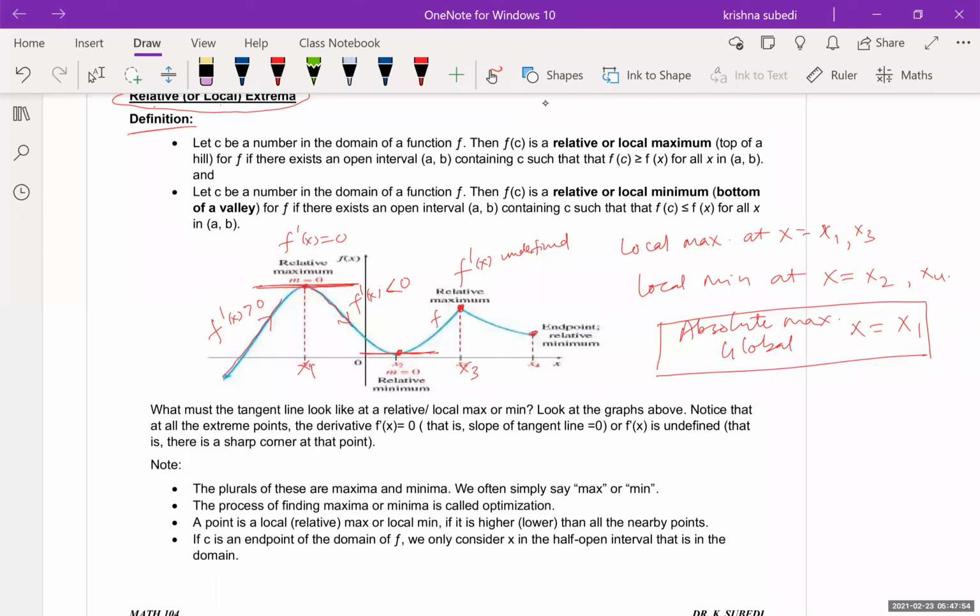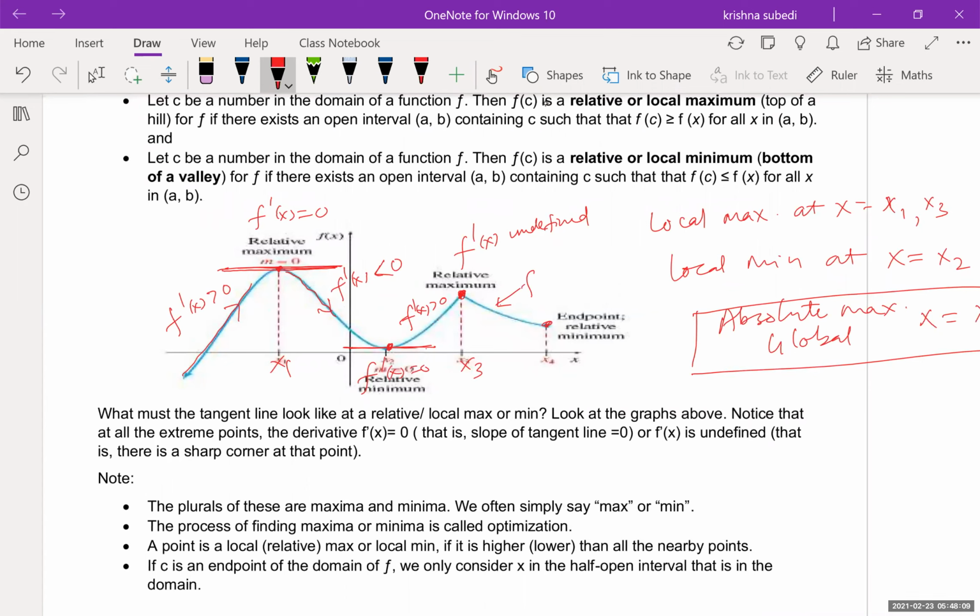Let me write this here. So at this point, we already saw that the derivative is 0. But on this side, the derivative is positive because it's increasing. And here, the derivative is negative again because it's decreasing. Now, a couple of very important observations, guys.